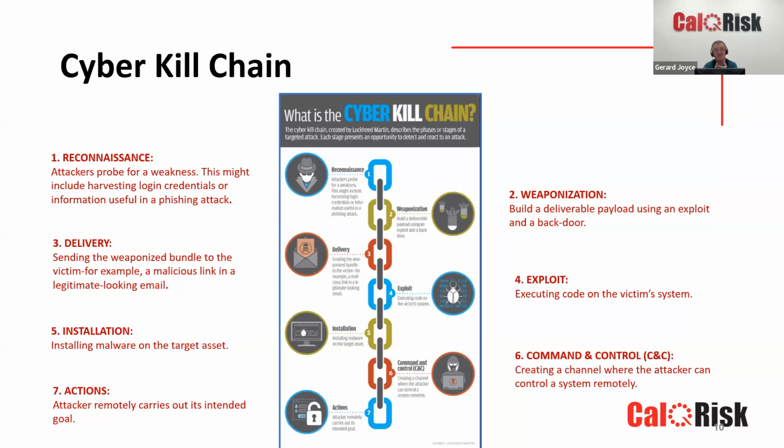So reconnaissance, what can the bad guys learn about you? In a famous case in the States, Target, they had a case study up in Microsoft where they divulged way too much information about how the network was structured. They got attacked. The bad guys had like a blueprint of their whole network. It was madness, absolute madness. But how much information are you giving away?